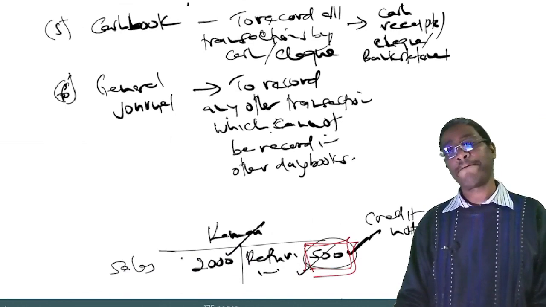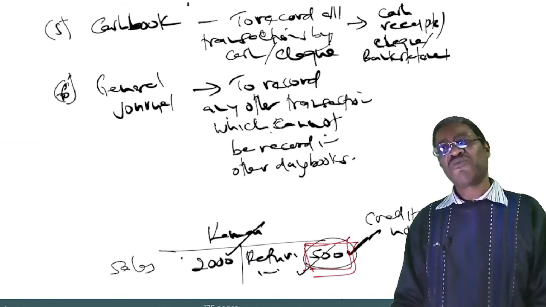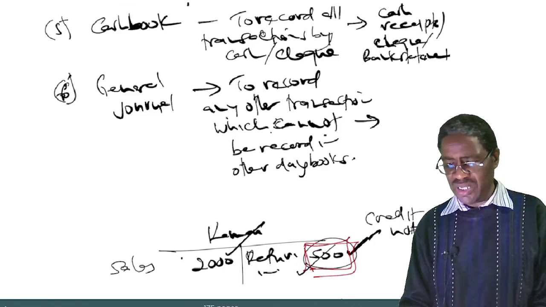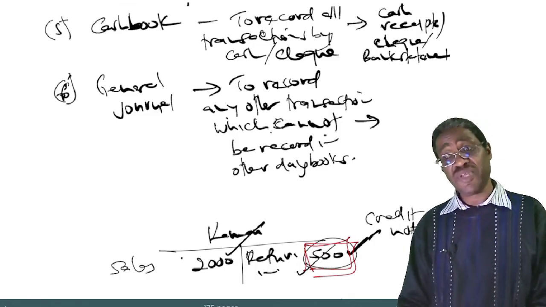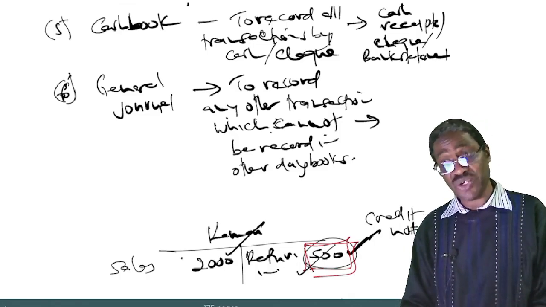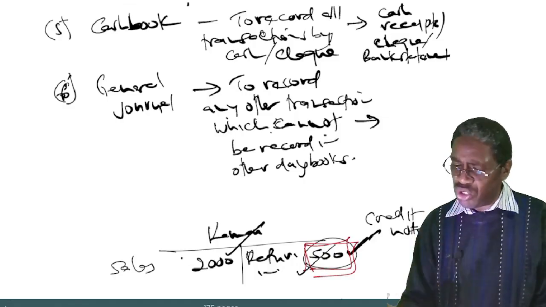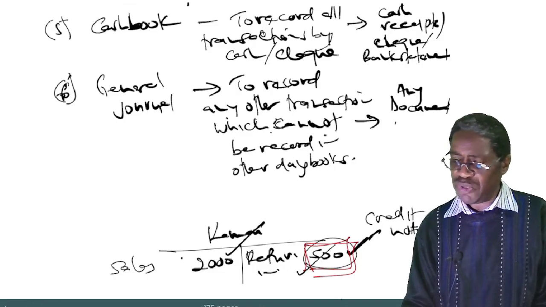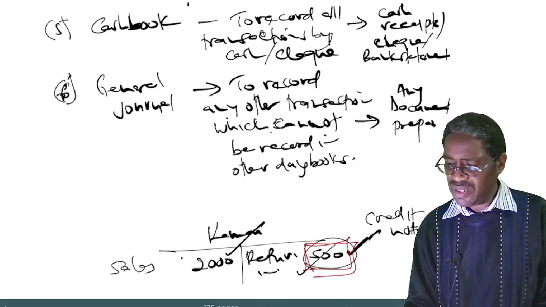Good. Number 6, for the general journal, the source document there is normally referred to as any document prepared by the accountant.